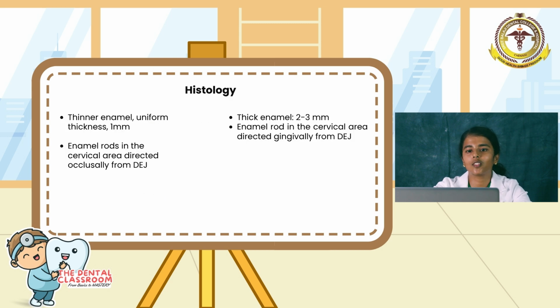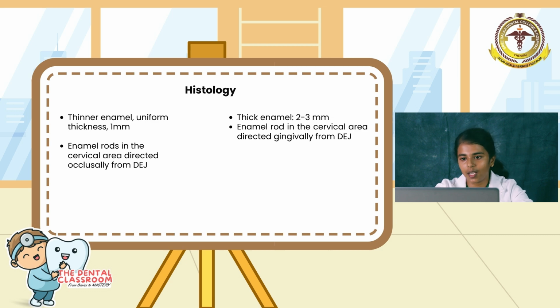When we look at the histological differences between the primary and permanent dentition, the thickness of the enamel is uniform in the primary dentition, usually 1 mm all over the crown of the tooth. In permanent dentition, the enamel is thicker, around 2 to 3 mm in the crown. The enamel rods in the cervical area are directed occlusally from the dentinoenamel junction in the primary dentition.